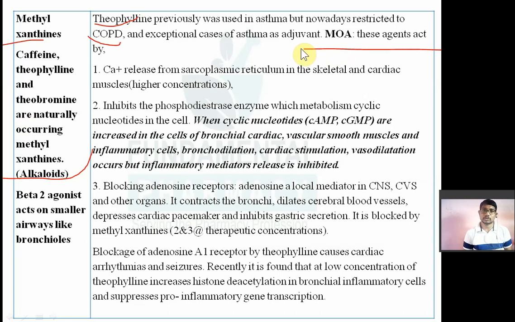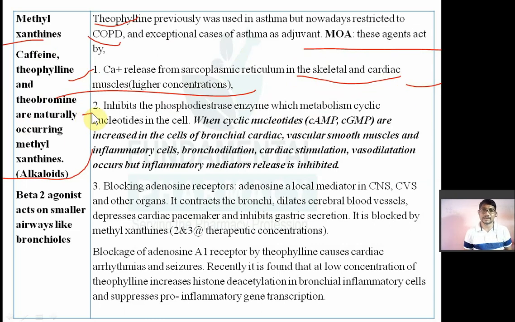This theophylline and other xanthine derivatives act by three different mechanisms. First, they increase calcium release from the sarcoplasmic reticulum of skeletal and cardiac muscle cells at higher concentration. This action is not required for the anti-asthmatic action.